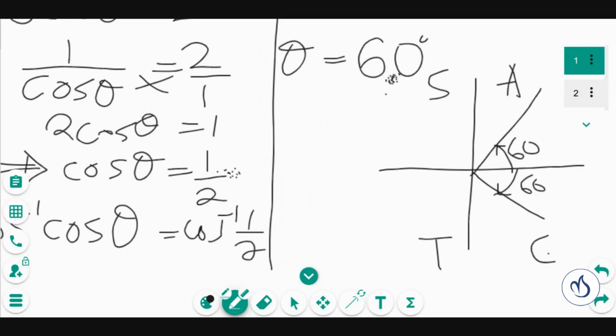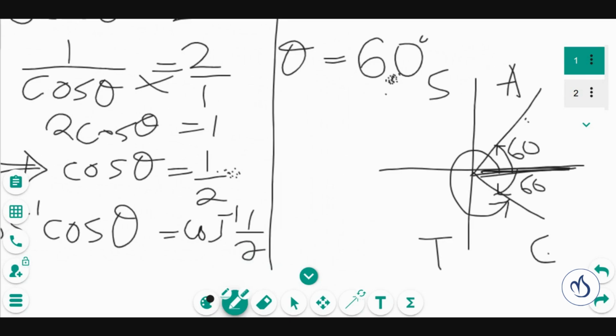Now thereafter, I make sure I measure all of them anti-clockwise from the positive x-axis. The first one, the 60, is already 60. It stays.